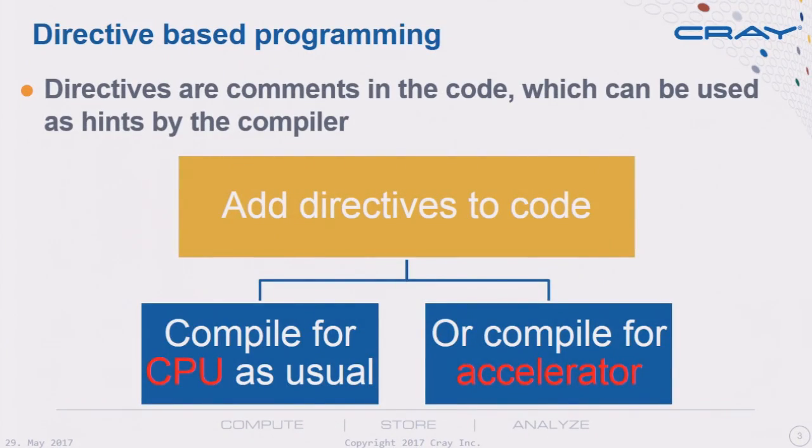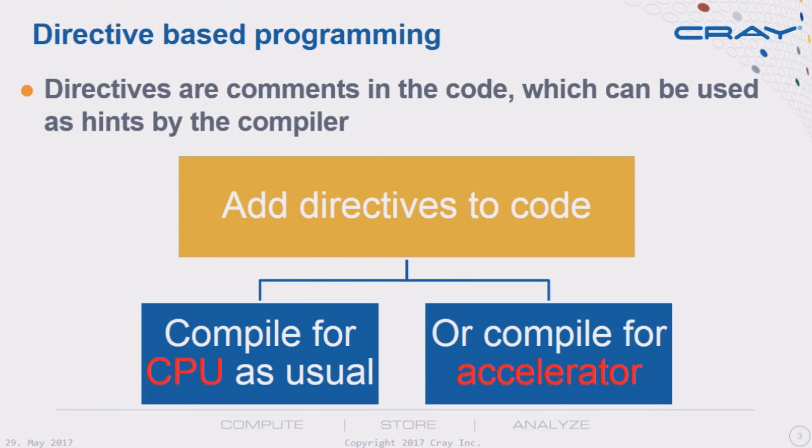So why use directives? It's a simple and easy-to-use method. From a programming point of view, these are just comments in your code which should then lead the compiler to do the actual optimization for you.